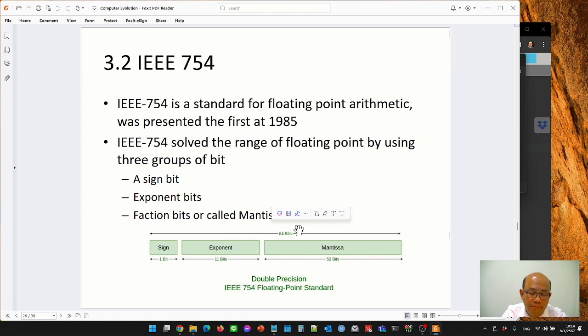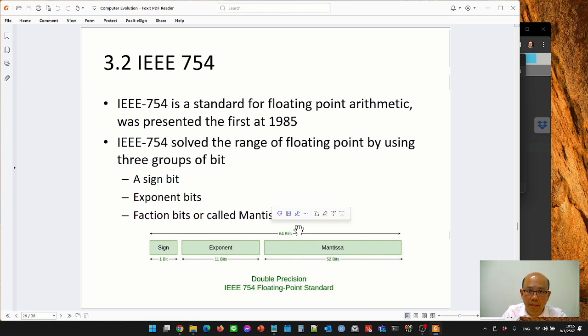Binary fractions are not easy to convert, and when you have more bits and more significant digits, the binary form becomes very large.